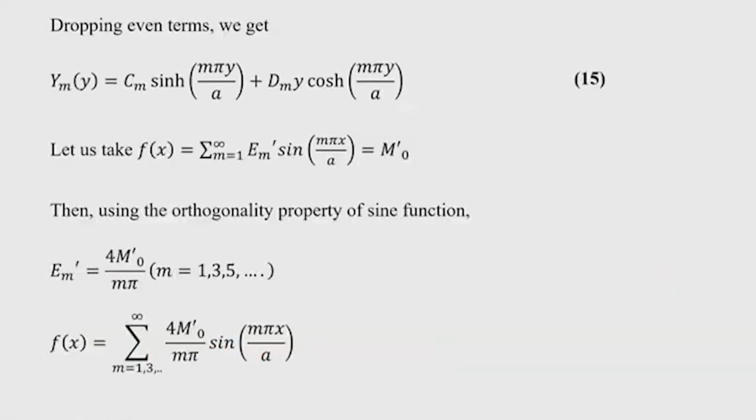Now, we have observed that the procedure of finding the solution in the symmetric case and antisymmetric case is similar. There is no drastic change, because the same steps are followed: you express the moment in terms of a Fourier series, and then the Fourier series coefficient is found by using the orthogonality condition of the sine function.